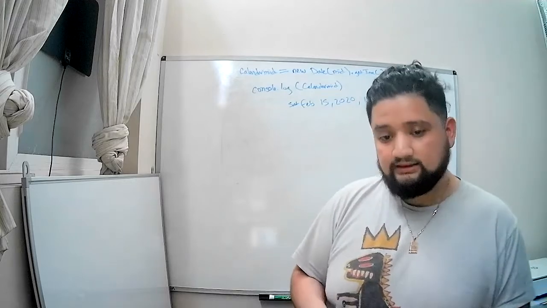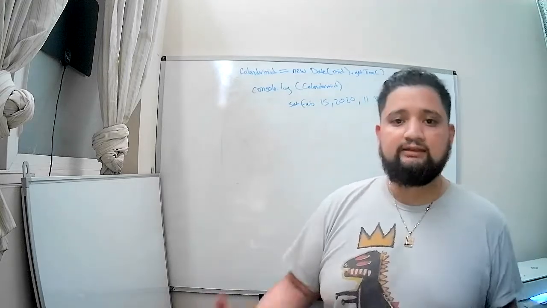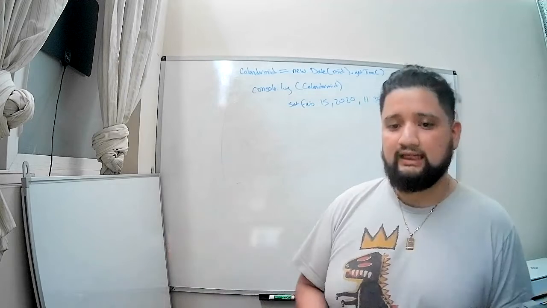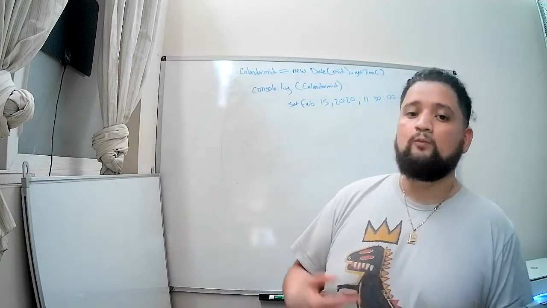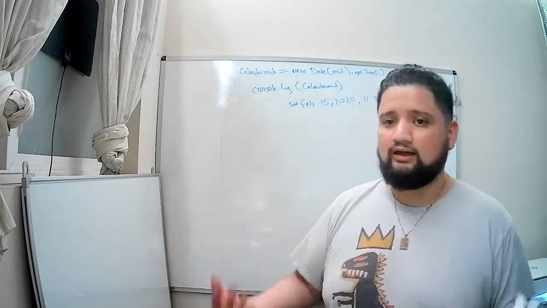Now, just like earlier, when we accounted for the leap year, we know that there's an extra day added to the calendar. Now, we need to account for the physical time, the clock.